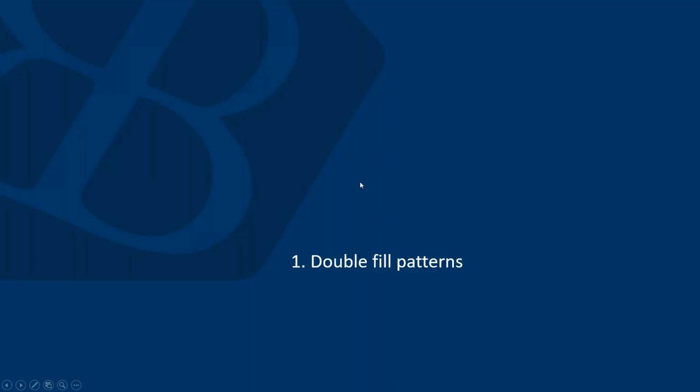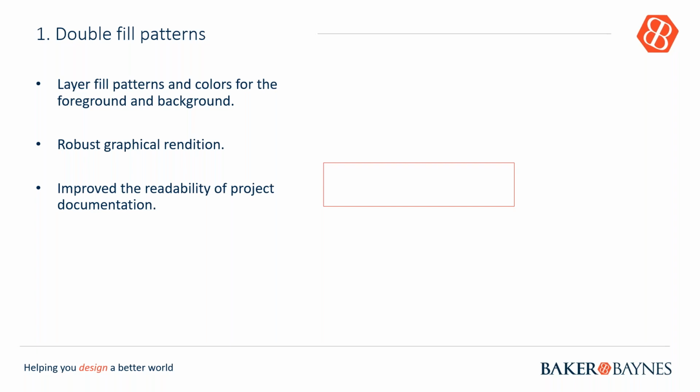When we start off with our first what's new in 2019, it's the double fill pattern, right? In terms of the double fill pattern, this is probably one of the most exciting new features, and it solves a lot of problems with patterns compared to earlier releases.